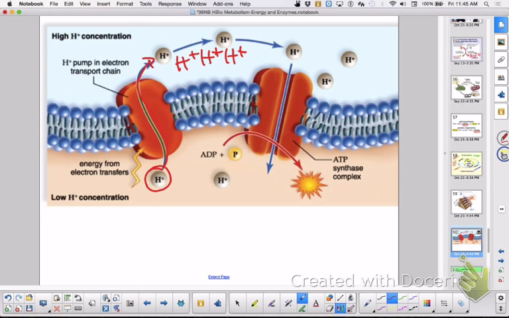A difference in pH, concentration, not temperature, charge. So now they are very motivated to come back through. When they come back through, what can we generate? ATP.